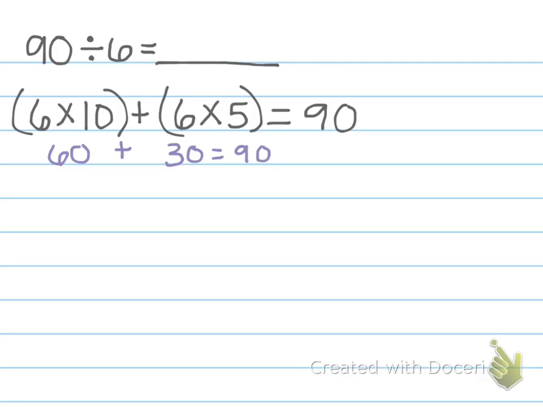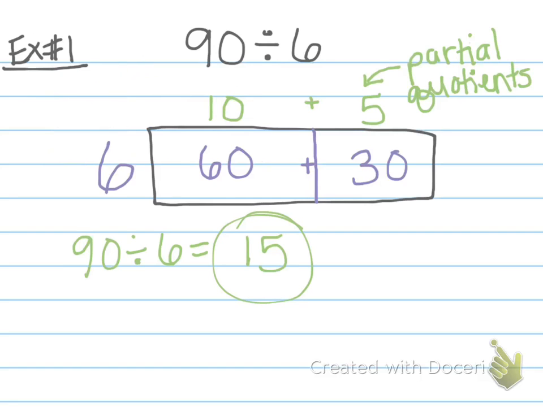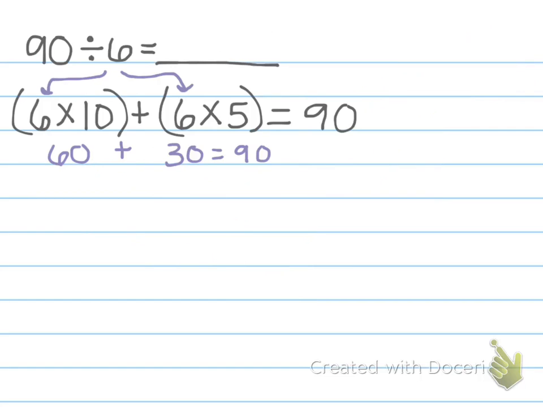So that's just showing you how we're breaking apart that 90. And remember, your divisor should be the first factor in your multiplication in your parentheses. And just like in the previous example, we're going to add the 10 and the 5 to give my answer of 90 divided by 6 equals 15.